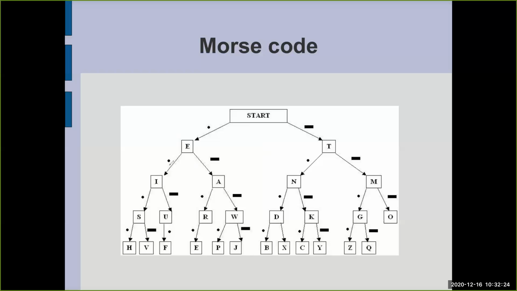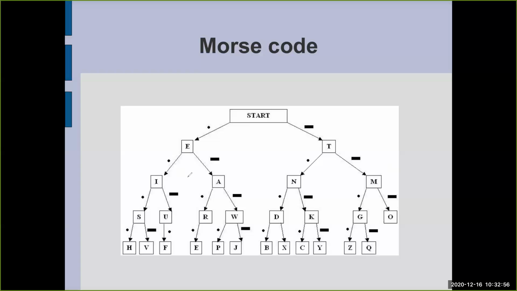So therefore, it turns out that in the English language, E is the most commonly used character. The second one was T. Then we have I, A, and M, and so on. So based on this method, it assigned particular symbols to the characters.